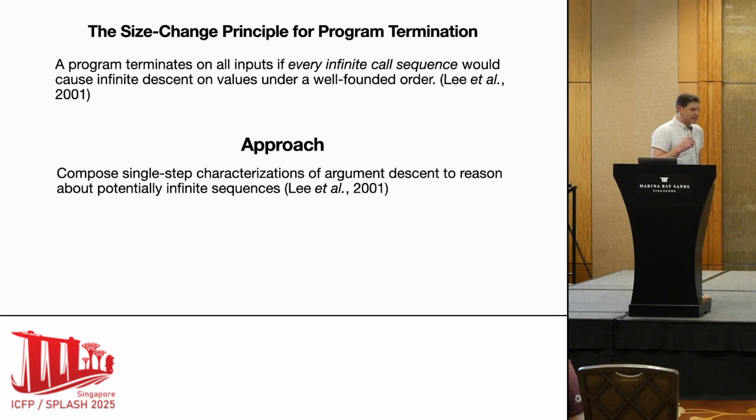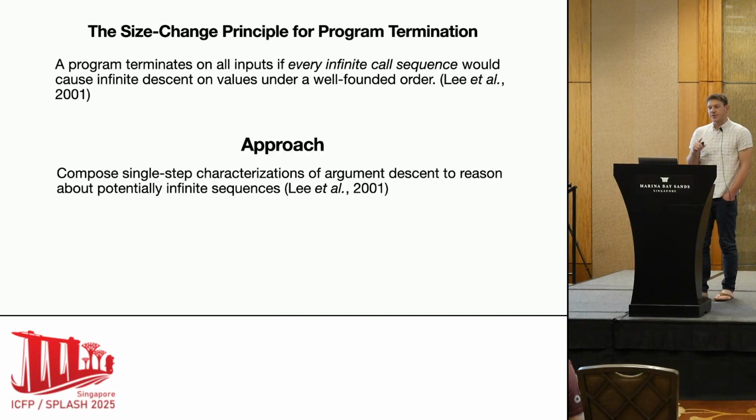This is from Lee and his co-authors, and the idea is that if you can characterize the argument descent from a function to the function it calls, the parameters, that is, and then compose those characterizations to get an account of argument descent across function calls, then you can use this principle to determine whether the program is guaranteed to terminate or not.